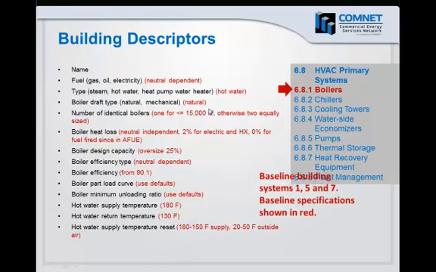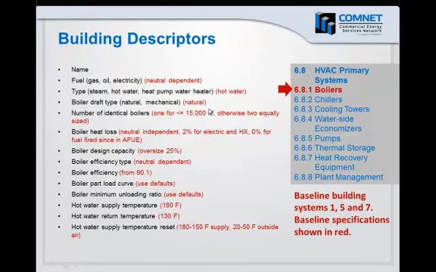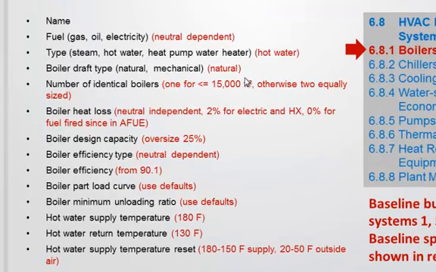Boilers are used in baseline systems 1, 5, and 7. The fuel is the same as the rated building. The type is hot water for the baseline building. The draft type is natural draft, or atmospheric, it's sometimes called.